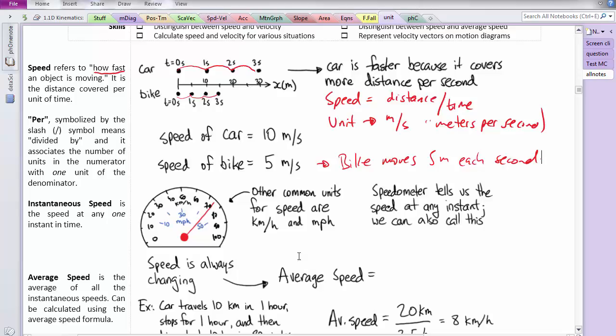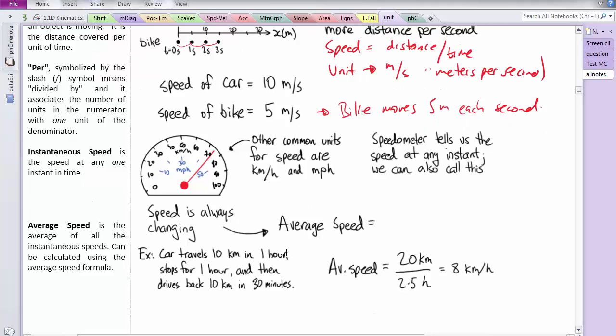The SI unit for speed is meters per second, but in a car we would see units such as kilometers per hour and miles per hour. That's another kind of unit for speed that we're familiar with. Inside a car, the speedometer needle is always moving.